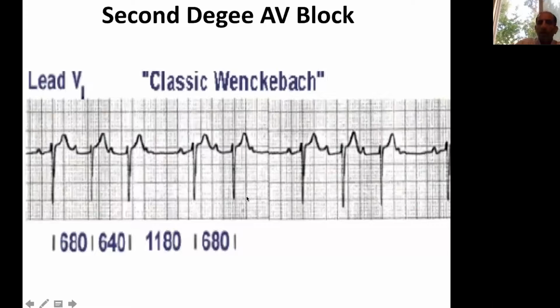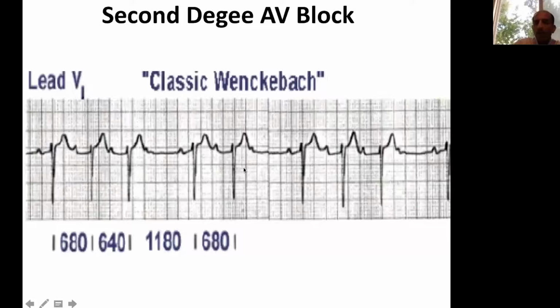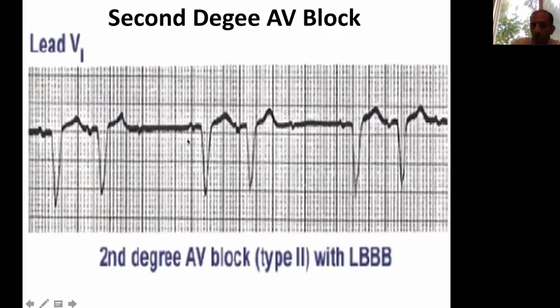That is called Wenckebach. If the PR interval is constant and then there is a block between the upper and lower chambers, that is called type 2 second degree AV block. Type 1 usually happens in the AV node and is not an indication for a pacemaker. Type 2 happens below the AV node and is an absolute indication for a pacemaker.